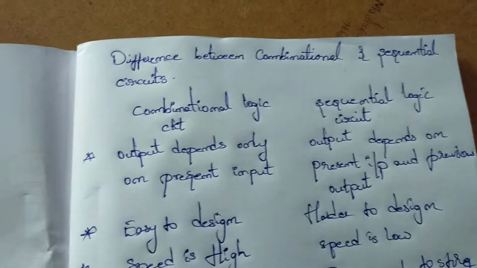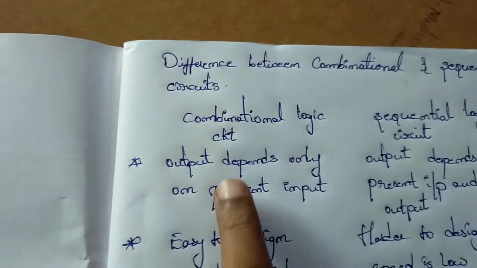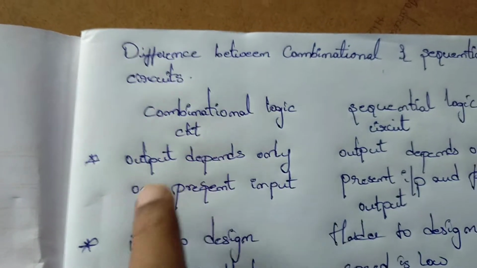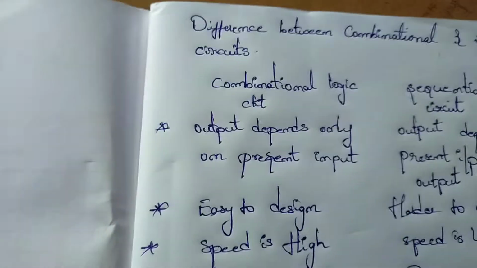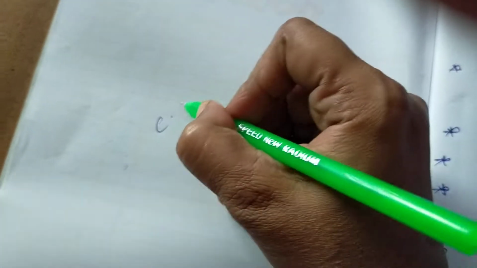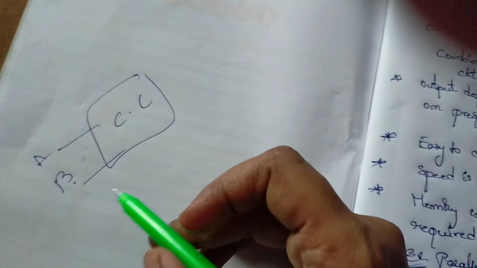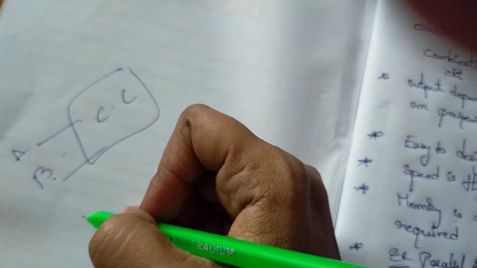See here, combinational logic circuit and sequential logic circuit. In a combinational logic circuit, the output depends only on the present input. See, this is the combinational circuit. These are the inputs, A and B. When we have two inputs, there must be some output.